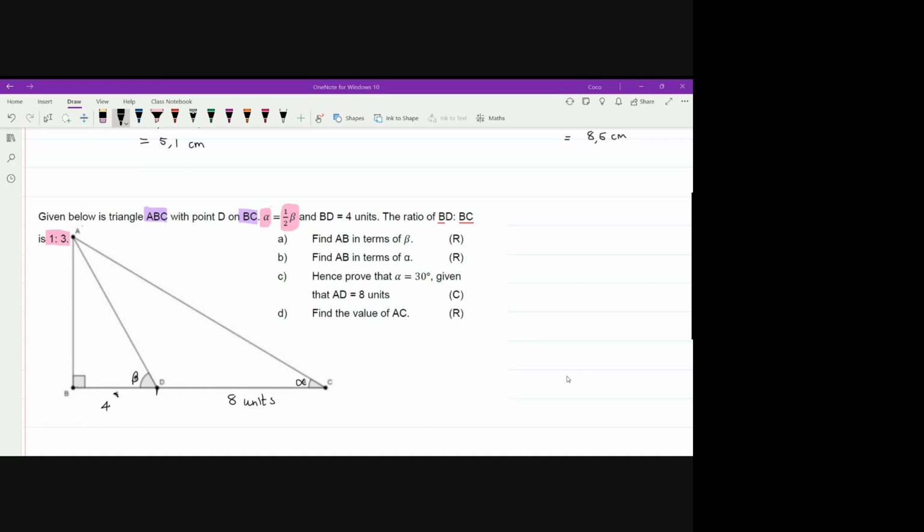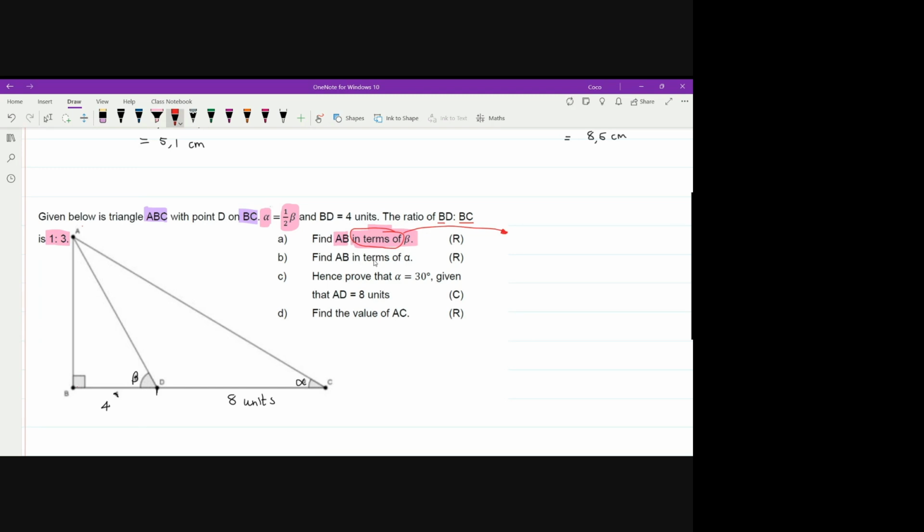Now, let's look at these questions and try to make sense of what's happening here. Question number 1 says, find AB in terms of beta. I want us to put a big asterisk, like take a highlighter and put a highlighter around the phrase "in terms of". If you're taking screenshots, take a screenshot and circle that.